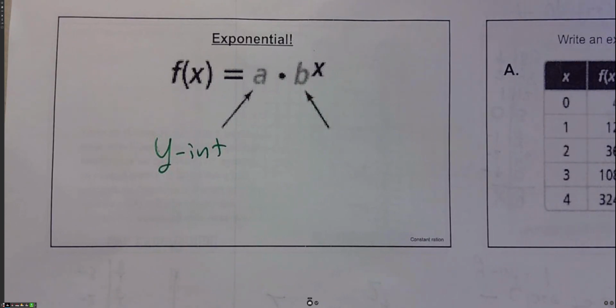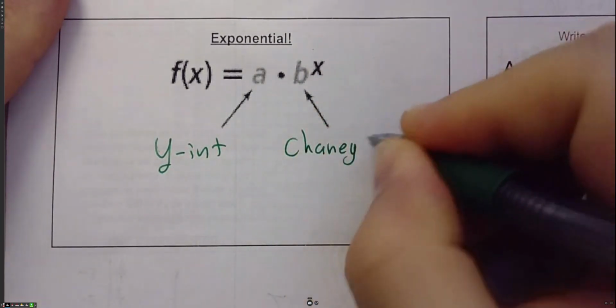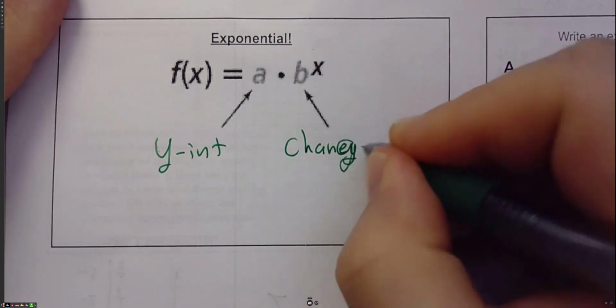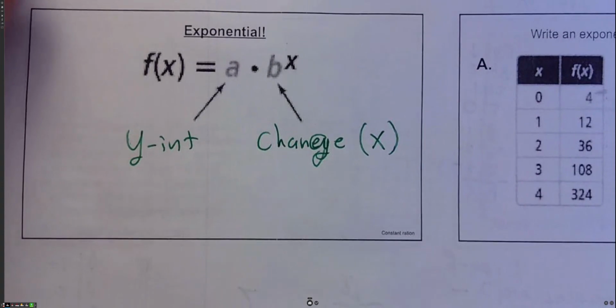It's more like slope, but we don't use that word. It's what it increases by. What operation are we using? Multiplication. So this is our change, and it's multiplication, right?